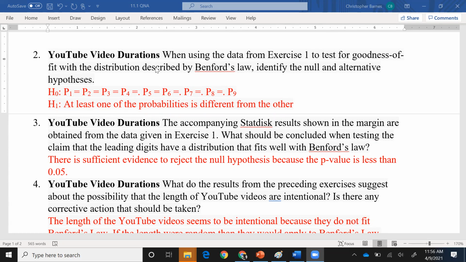All right, so YouTube video durations. When using the data, identify the null and the alternative hypothesis, right? Now I want to say that I have since updated this as well on my other screen. No problem. But you know what values are there in my other one? Essentially, this is actually to a certain extent true.